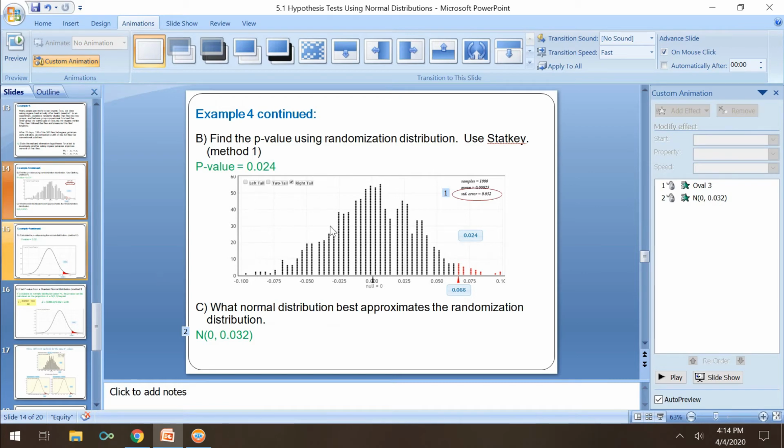Now, when I did this earlier, my p-value was 0.024. Again, every time you change it, it might be a little bit different. But what I needed to focus on is that when we got this p-value, we can actually find the standard error in here. And we will need this in a minute, because in part C, they asked us, what is the normal distribution that approximates the randomization distribution?